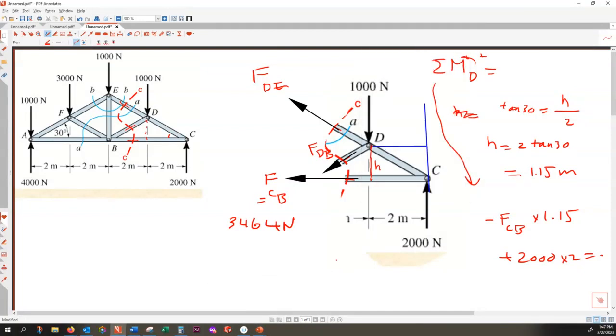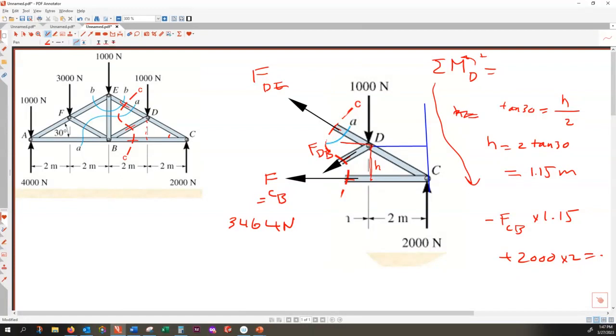And then the next step is I can take rotation with respect to point C. Yes, point C would vanish FDE and FCB, they both pass through the C, but then FDB, maybe it's easier to resolve that into two components.